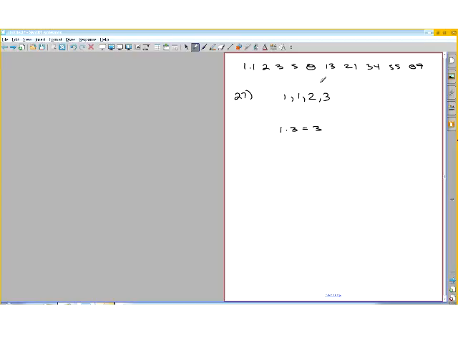Double the product of the second and third. So the second and third are 1, 2, and we double it. So we multiply it by 2, and that gives us 4. Add the squares of the second and third.